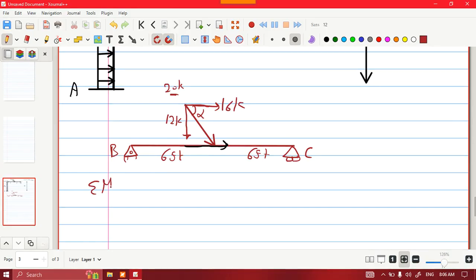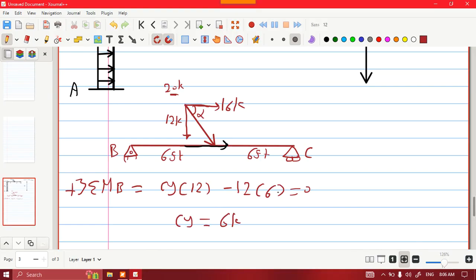I'm going to take summation of moments at point B. I'm going to assume counterclockwise to be positive. I'm going to have Cy times 12 minus 12 times 6 equals 0, and I can find Cy is going to be 6 kilopounds.